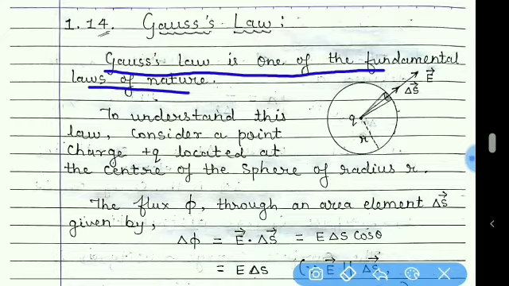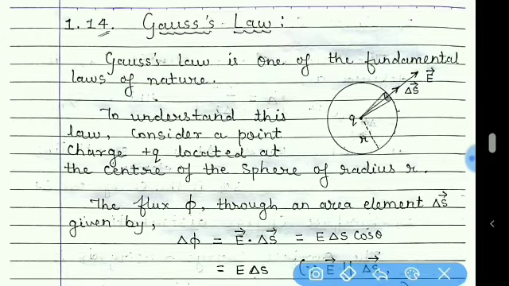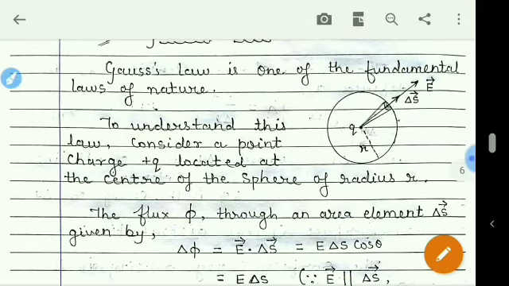Now to understand this law, let us consider a point charge Q. You can see in this circle, this is a point charge which is enclosed in a sphere. Here this small charge Q is enclosed in a sphere, and we have considered a small area element of this sphere.